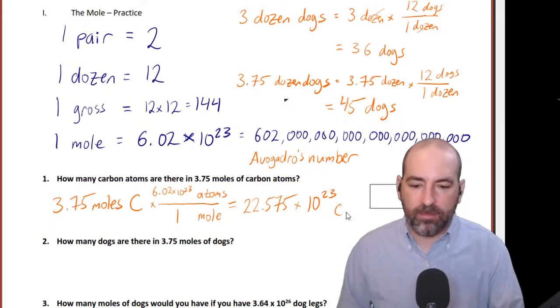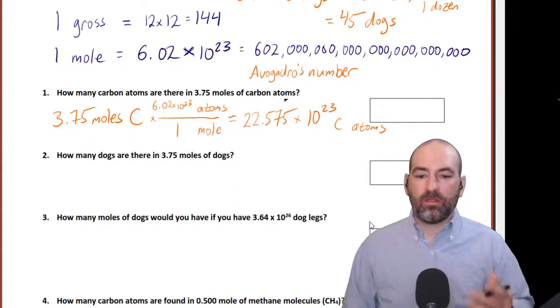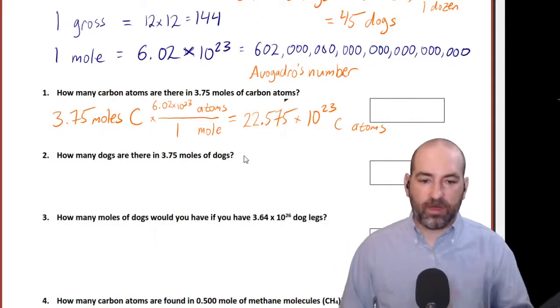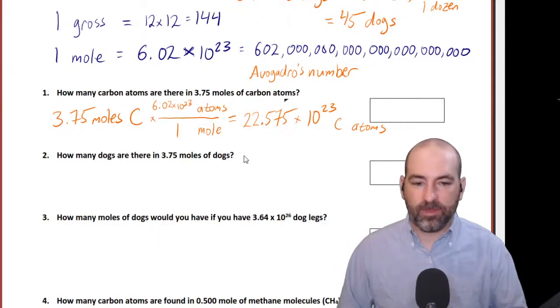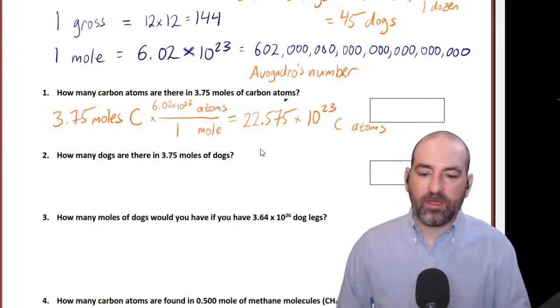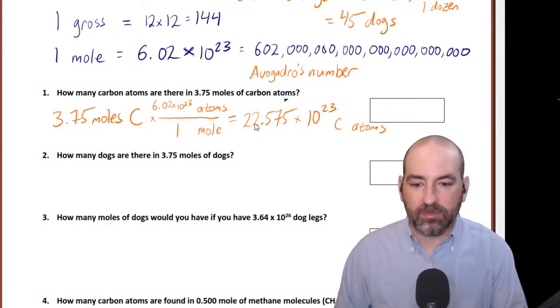Now, if you leave an answer like this, that is totally fine with me, and I have no problem with it. But you should know that in proper scientific notation, you're not supposed to leave more than one number before the decimal place.